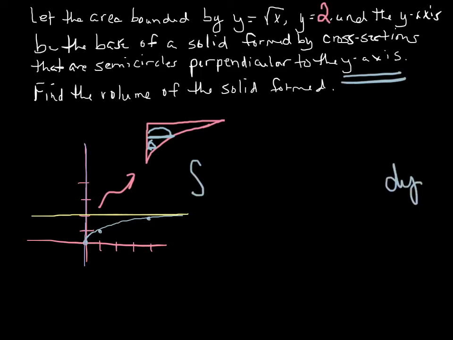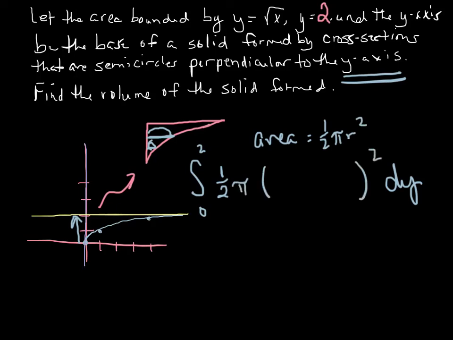My limits of integration will be from 0 to 2, because we're going this way as a dy. And then my area is the area of a semicircle, which is 1/2 pi r squared. So I need 1/2 pi and then the radius squared.